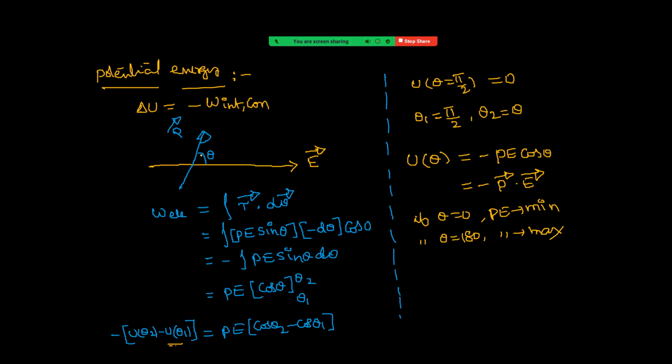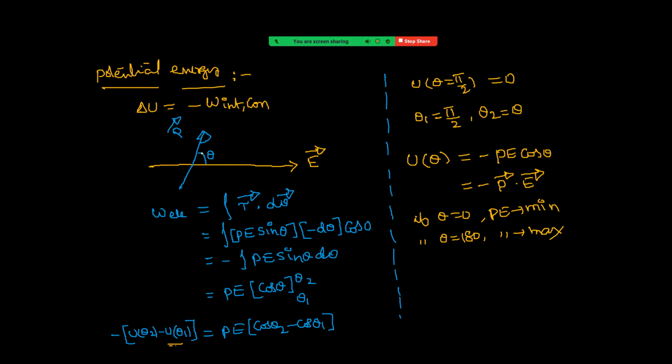Initially this dipole moment vector makes angle 0 with this E bar, meaning it is along E bar. Let us now rotate the dipole through a small angle theta.